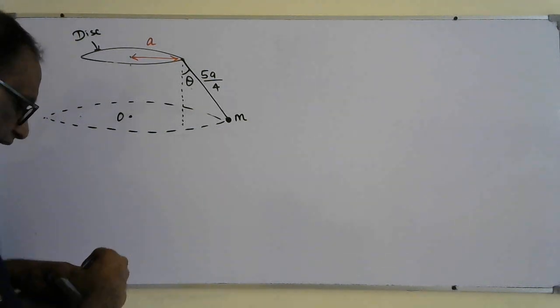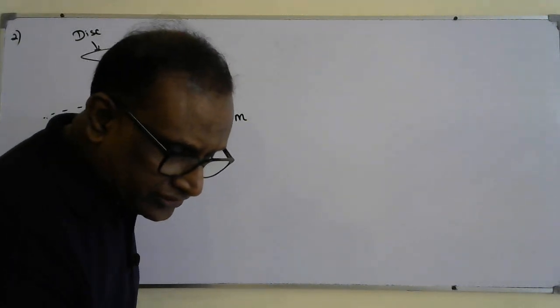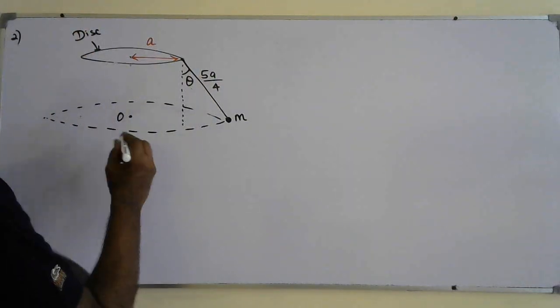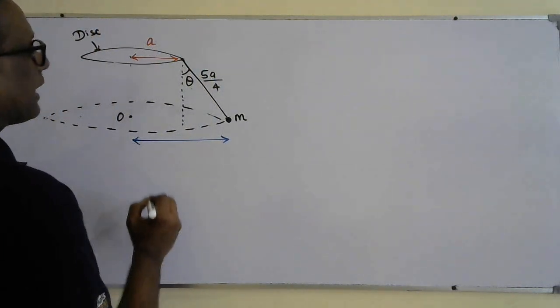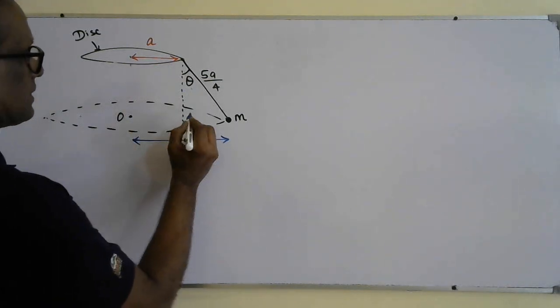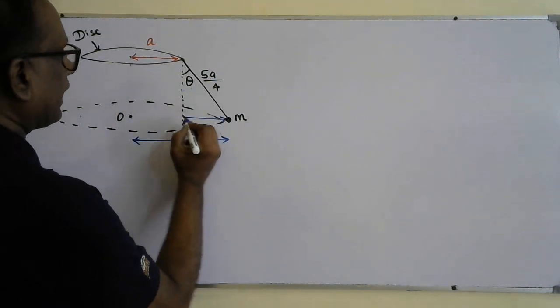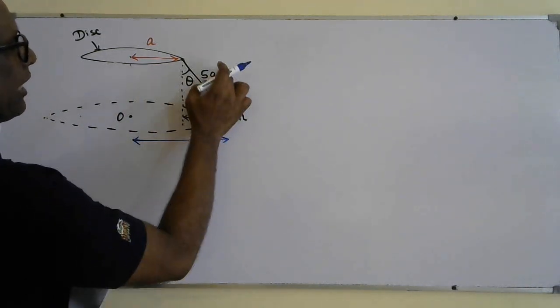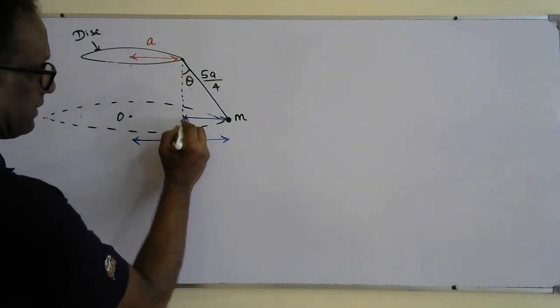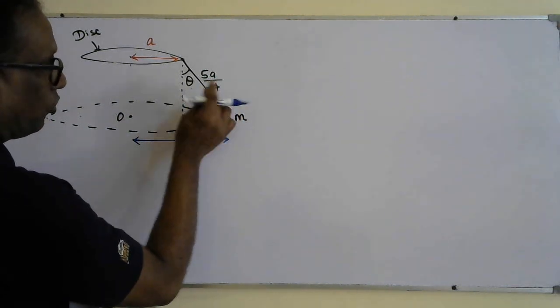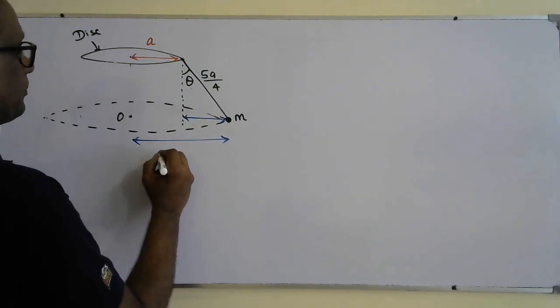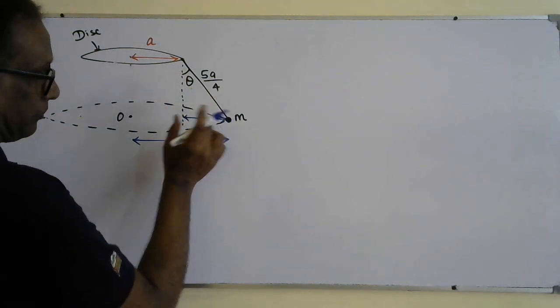We must be able to find the radius of the circular path of the chair. This is the radius that we can calculate: a plus this length. In the right angle triangle, this length is 5a by 4 into sine theta. So the radius is going to be a plus 5a by 4 sine theta.